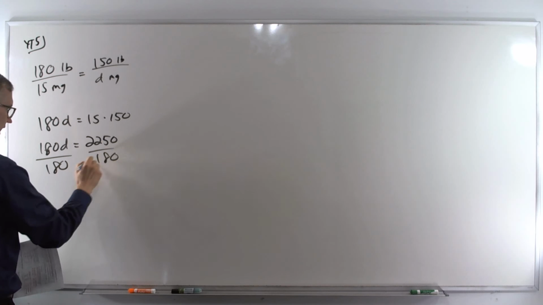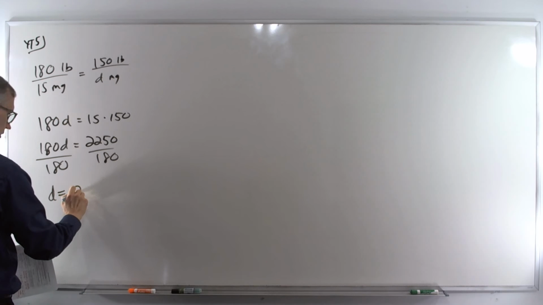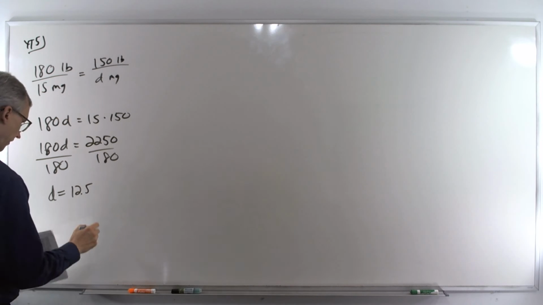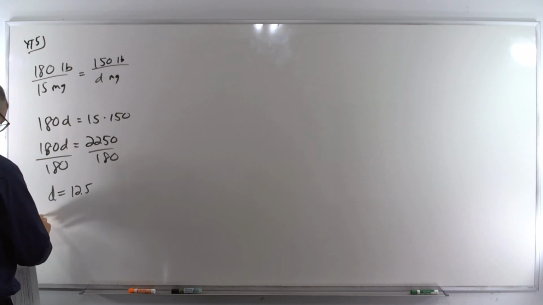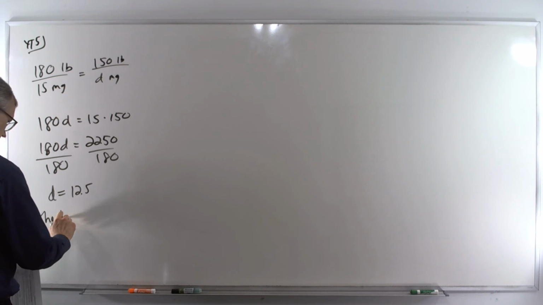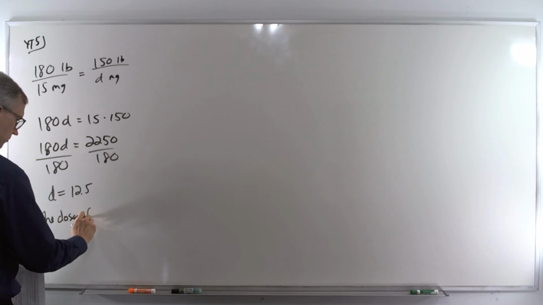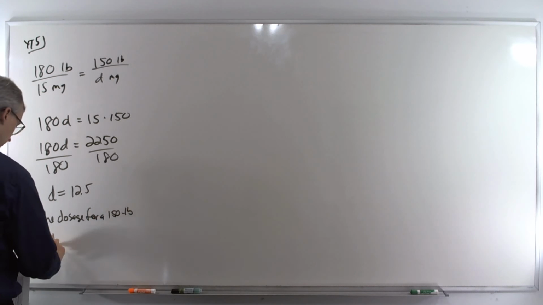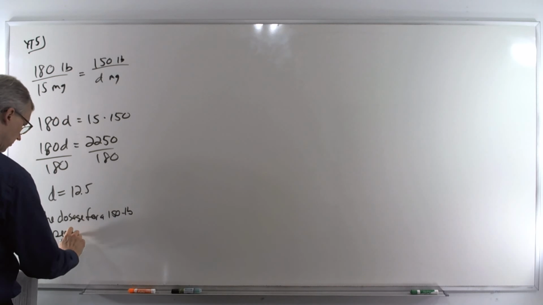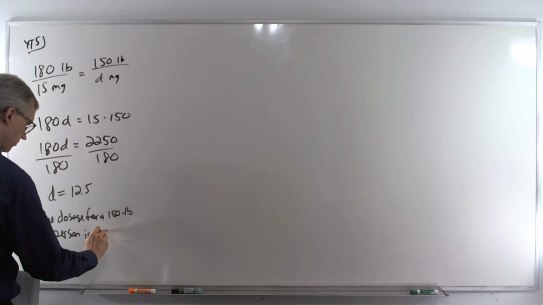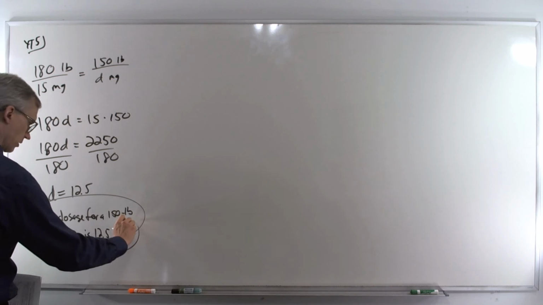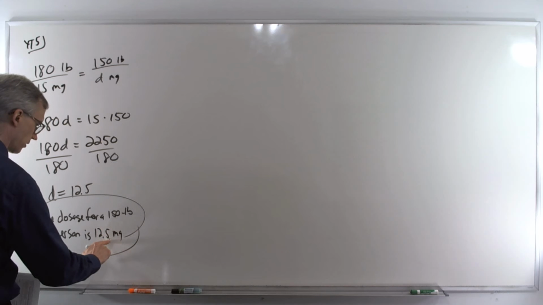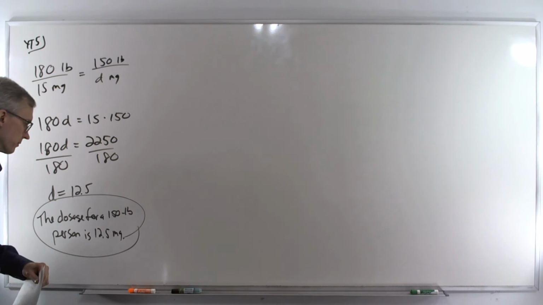Divide both sides by 180, and we get 12.5. And the units are milligrams.